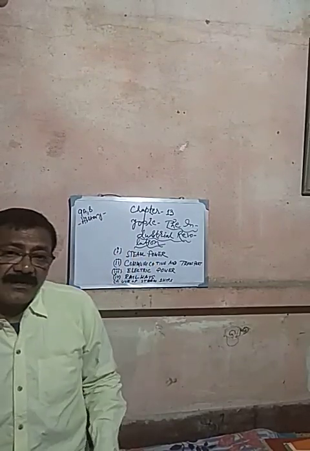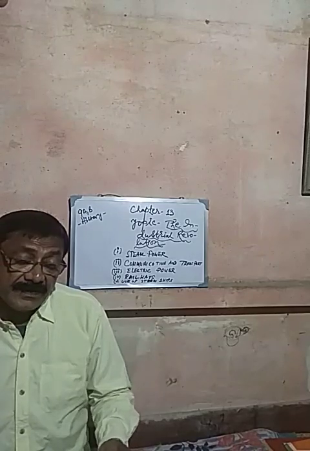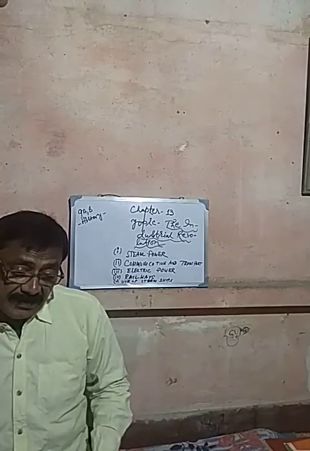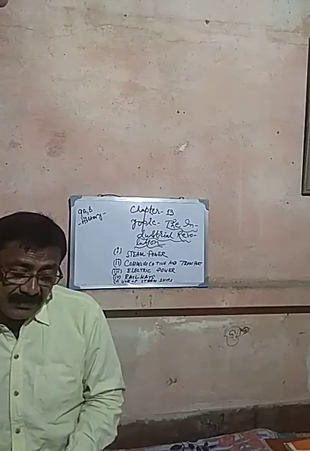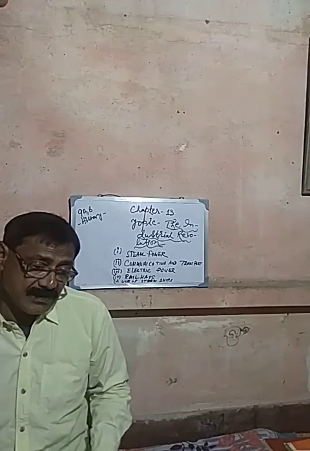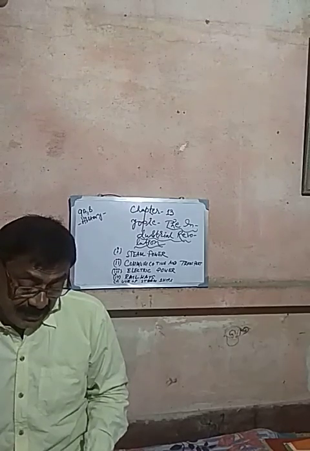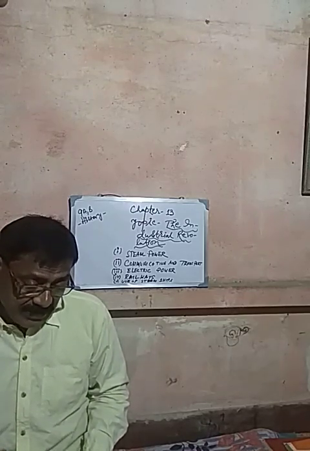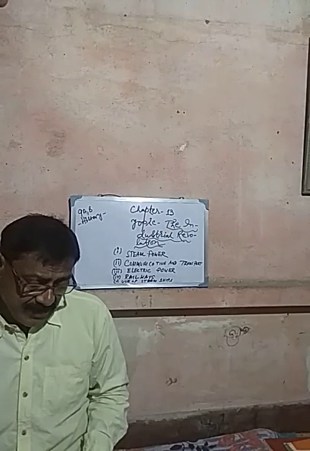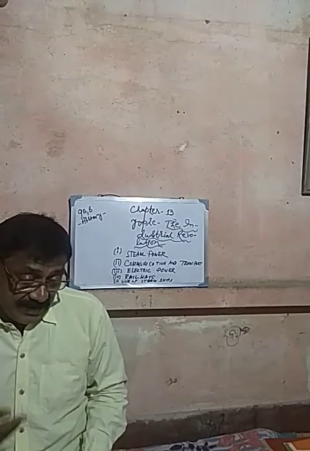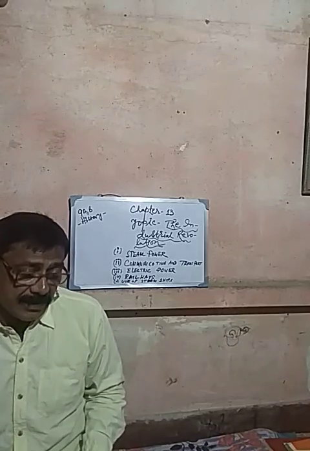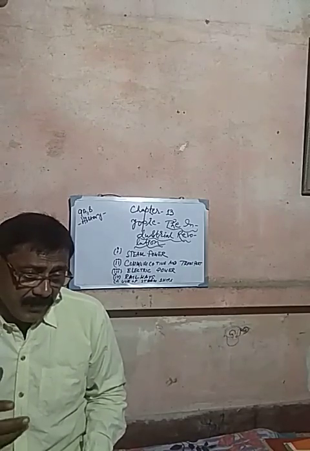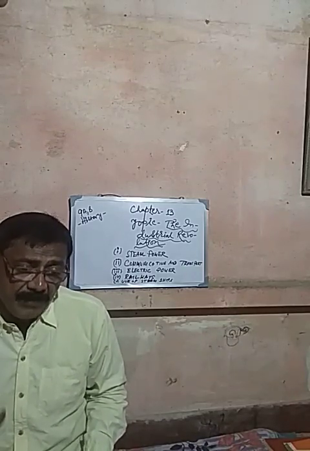Steam power. What is steam power? Steam power was one kind of power which was utilized by the scientists during the Industrial Revolution. The system, the technique, the method, the science which generated power, this power converted into steam power.